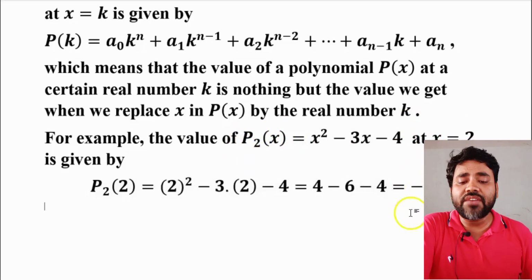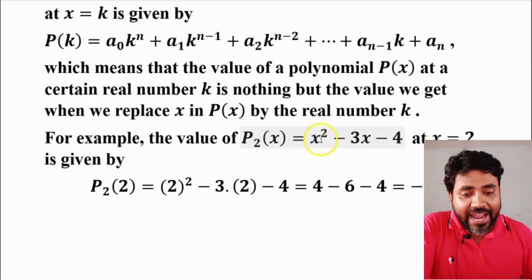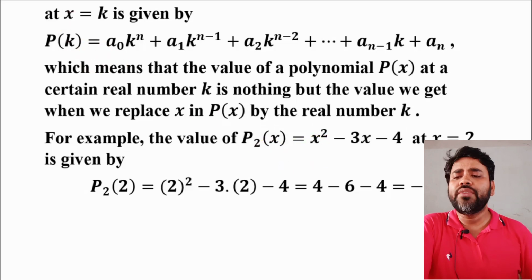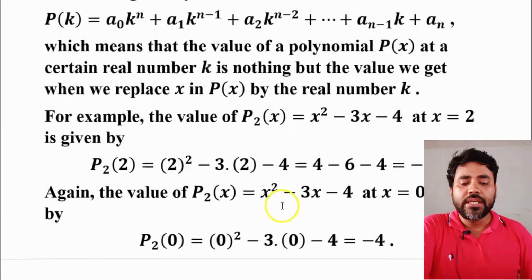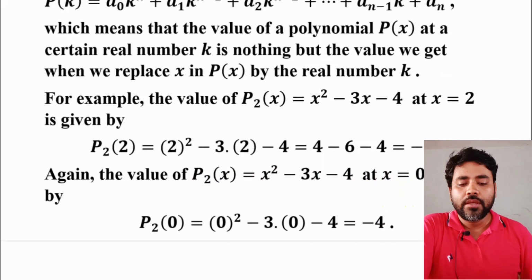So what is the value of a polynomial at a certain real number? It means if we put that particular real number in place of x, then the real number we get will be called the value of that particular polynomial. We can take another example. This polynomial p2(x) will have minus 4 as its value at the point x equal to 0. How?